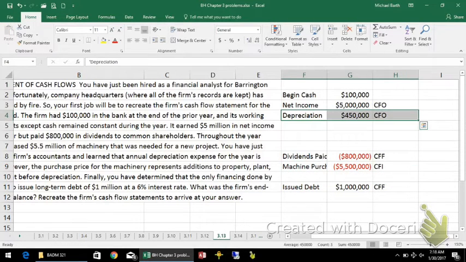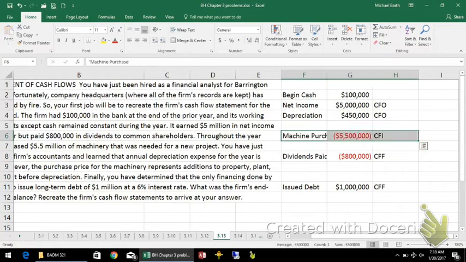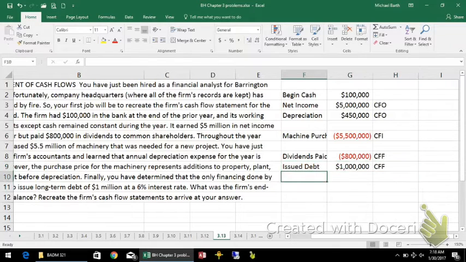All right, so those are the cash flow from operating activities. The cash flow from investing activities. And cash flow from financing activities.